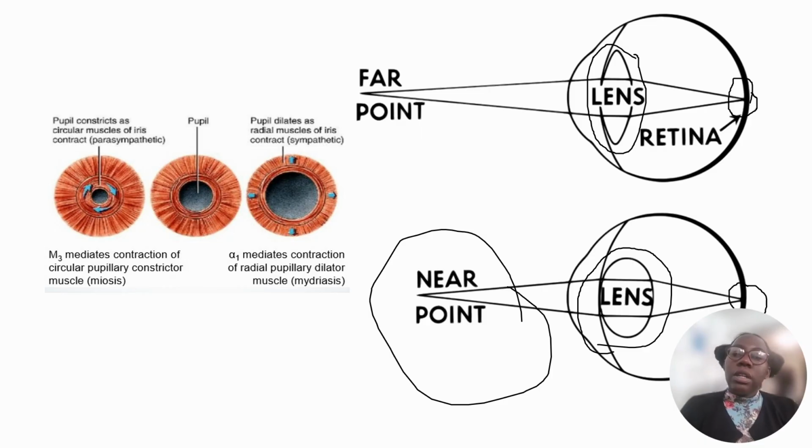Because if the lens doesn't accommodate, that's what gives eye problems. That's why I'm carrying glasses. That's because my lens cannot become flat enough so that I can see far.